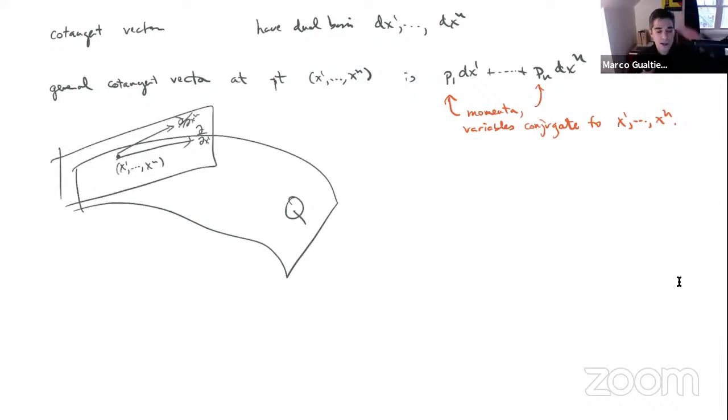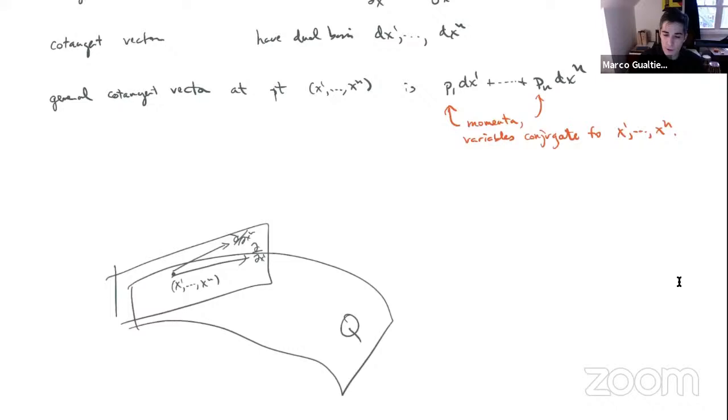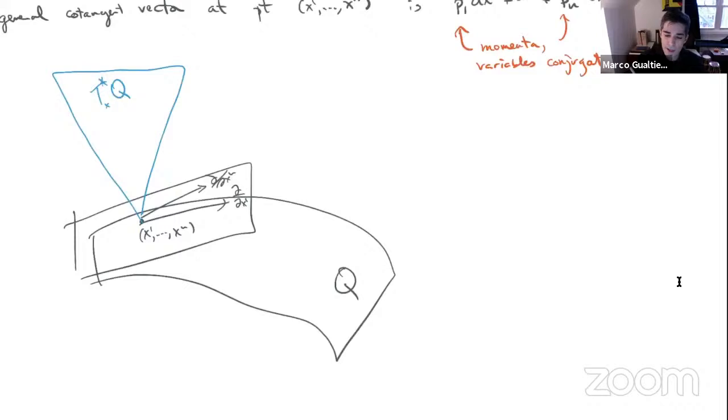And that tangent space has a dual space, which, for lack of a better way of drawing it, you could just think of as being some dual space here, T star Q. This space has a basis given by dx1 up to dxn. And a general point in there has coordinates p1, pn in that vector space.